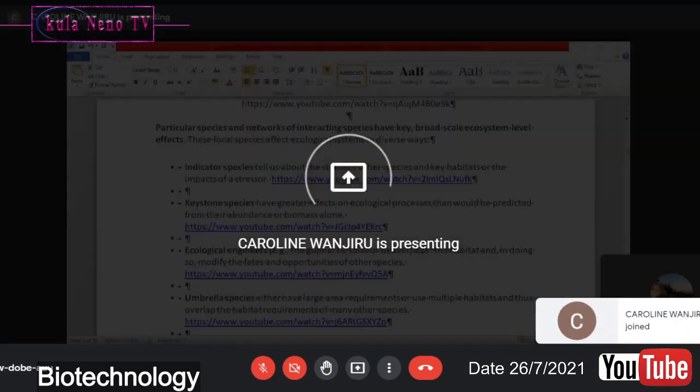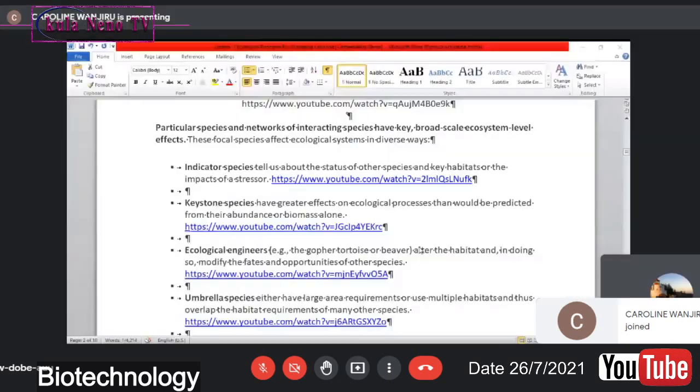And also the wolf. That story about the wolf is especially interesting just because of the fact that when a wolf is there, it affects the behavior of the primary consumers, and that's the elk.